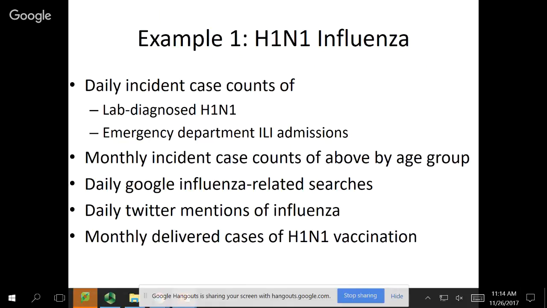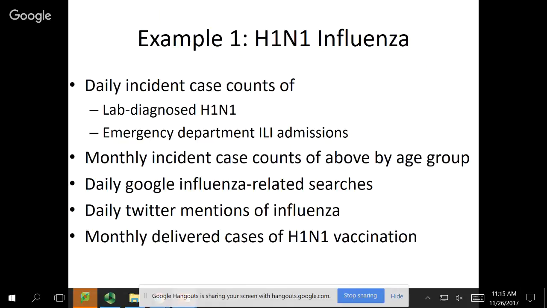We might have further incident case counts of the above by age group on a less frequent basis. In some cases, for the aggregate or the broken-down data by age group, we might have monthly data, for example. We might have other data regarding the system that's of lower quality, but surely tells us something about what's going on.